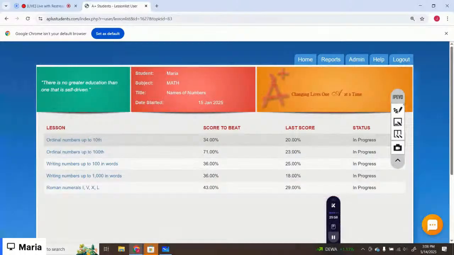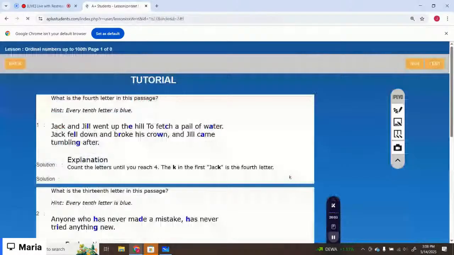So let's just start with the lesson. The first thing you need to learn is what ordinal numbers are. Ordinal numbers indicate the position, right? They tell you the position of something.